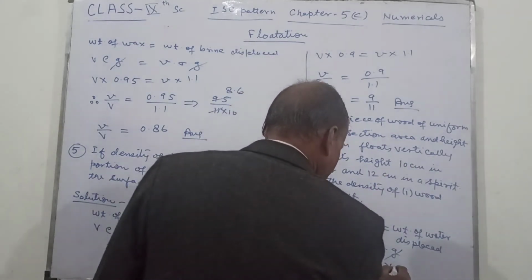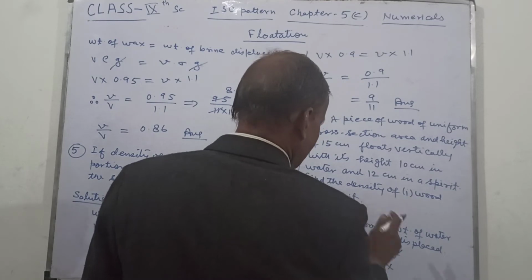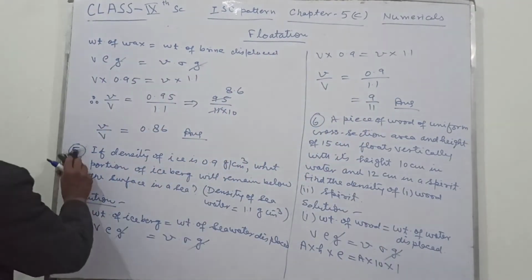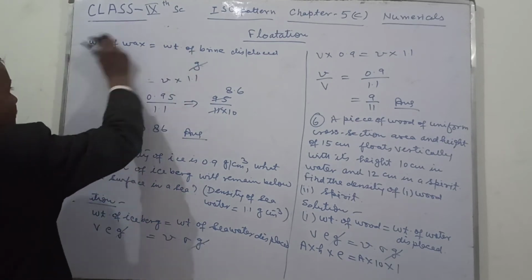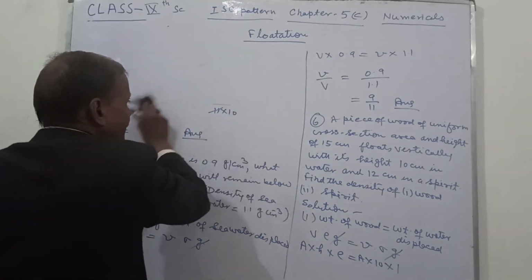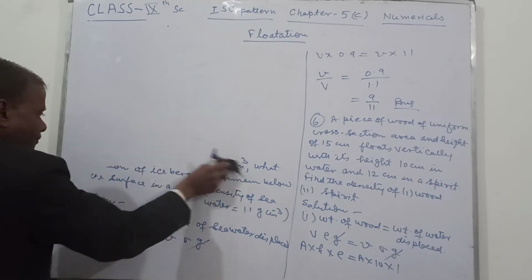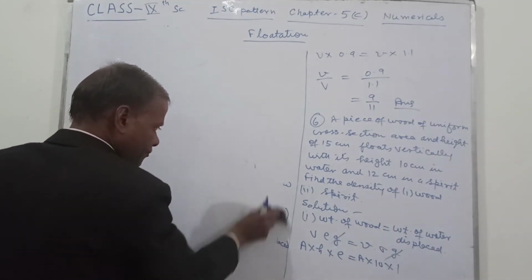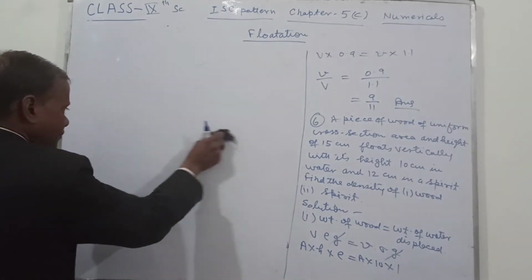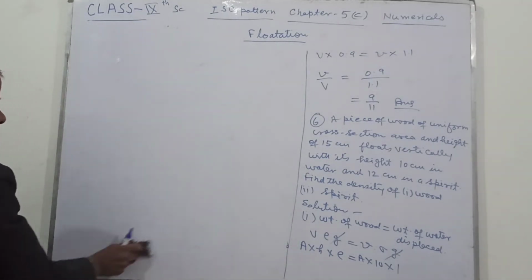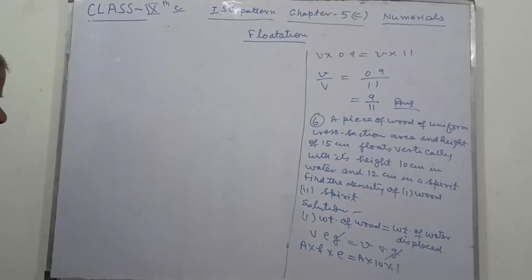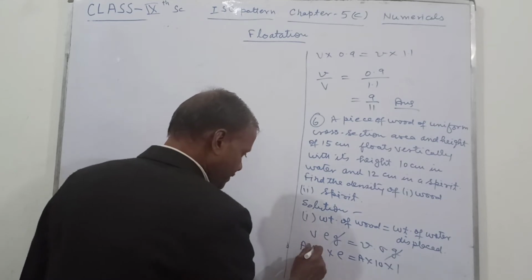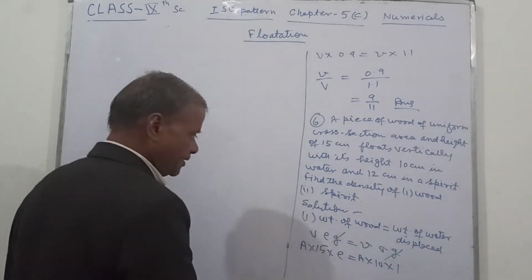So 10, and this is given in CGS, so the density of water is equal to 1. Then this height is 15 centimeter.